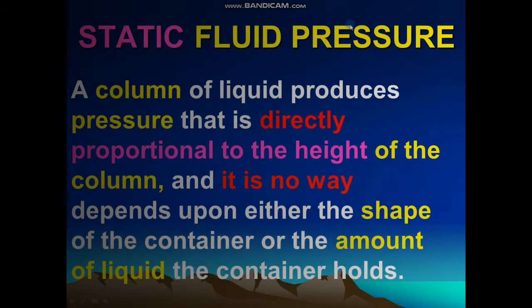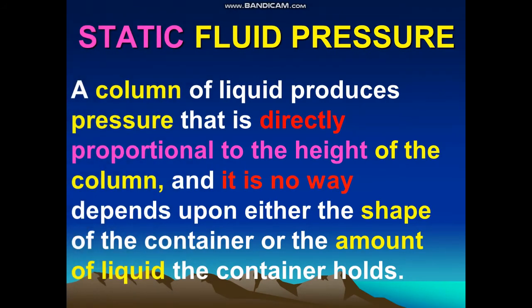Static fluid pressure. A column of liquid produces pressure that is directly proportional to the height of the column, and it in no way depends upon either the shape of the container or the amount of liquid the container holds.